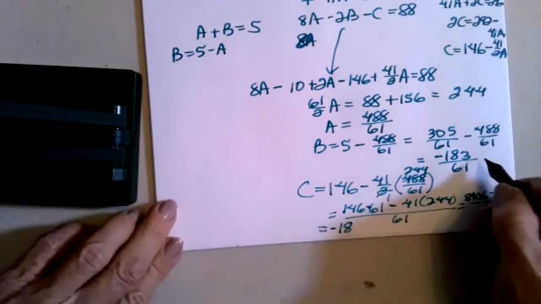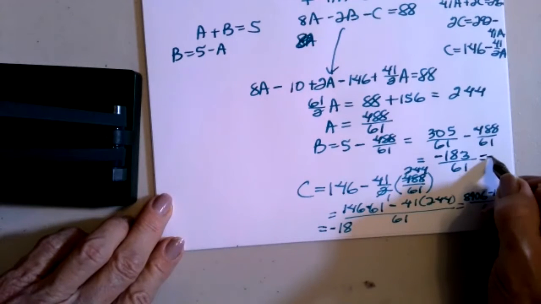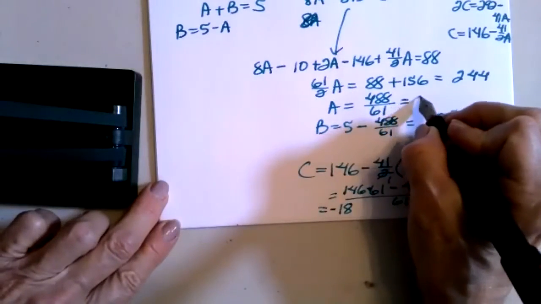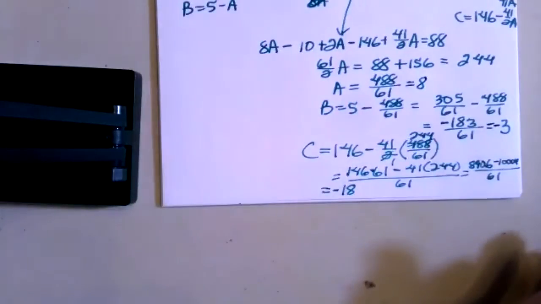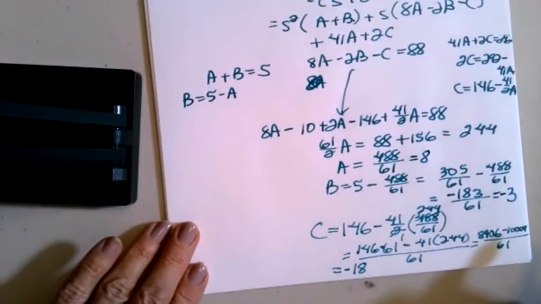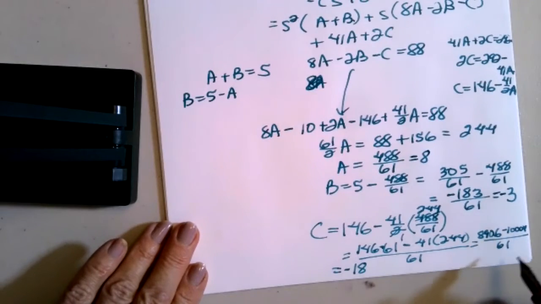And actually, this one is minus 3. I should have done that before. Okay. And this one is 8. Oh my goodness, sometimes a calculator is handy. Okay, all right. So the coefficients work out to be not that bad. So we have 8, minus 3, and minus 18.